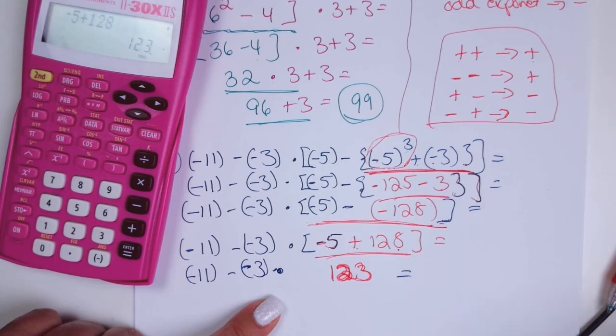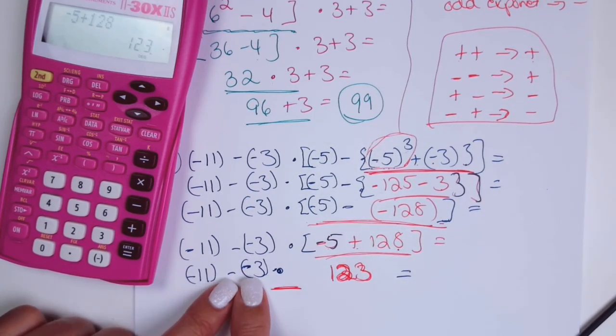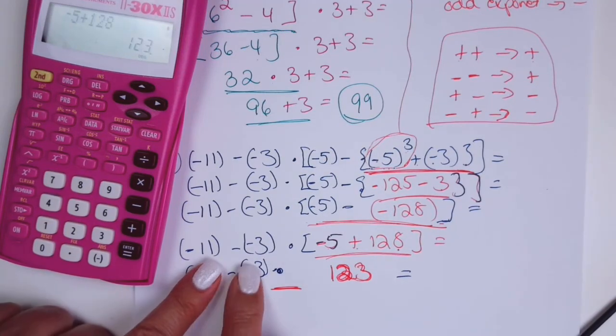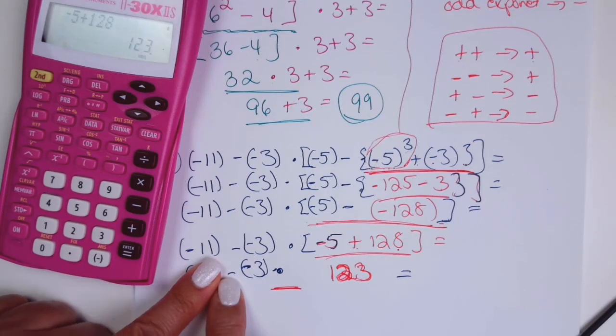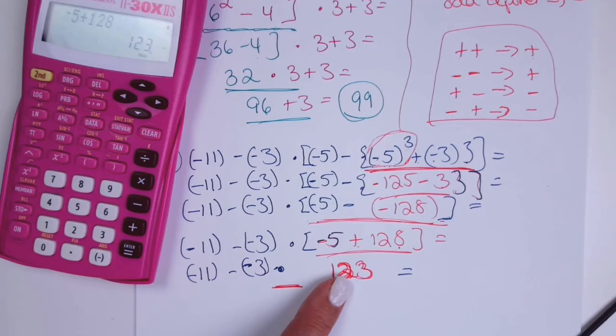Now, next what we want to do is this multiplication here. But before we can do that, we have to figure out, or actually, no. Yeah, we do have to, because this 3 has two back-to-back signs. We have to figure out just one sign before we do the multiplication.